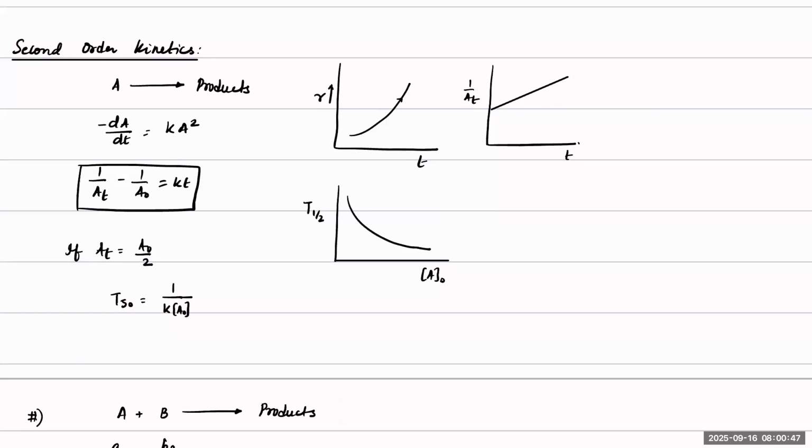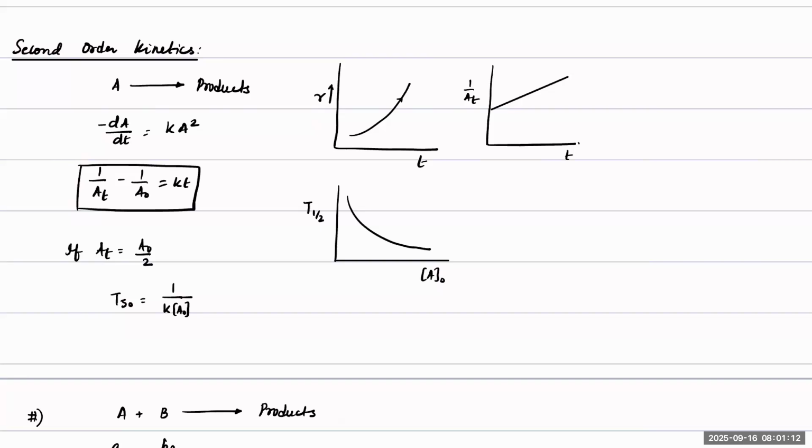See the second order kinetics. A is giving products, minus dA by dt is equal to k into a square. Now if I take a square to the left hand side and integrate this, I will get 1 by at minus 1 by a naught is equal to kt.